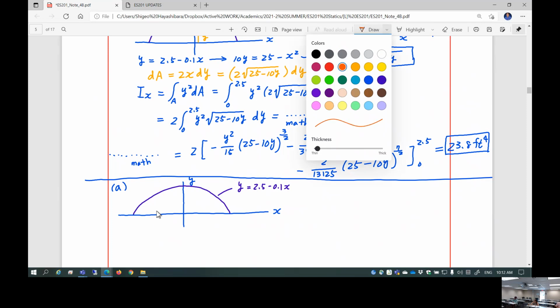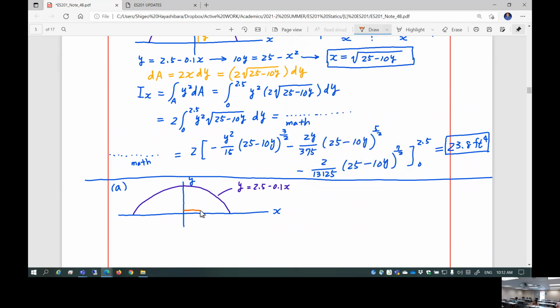Now you're going to choose an arbitrary location x, and then cut out this small tiny strip, which is dx, okay?